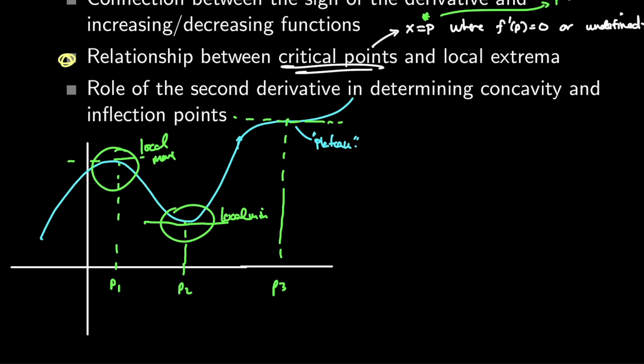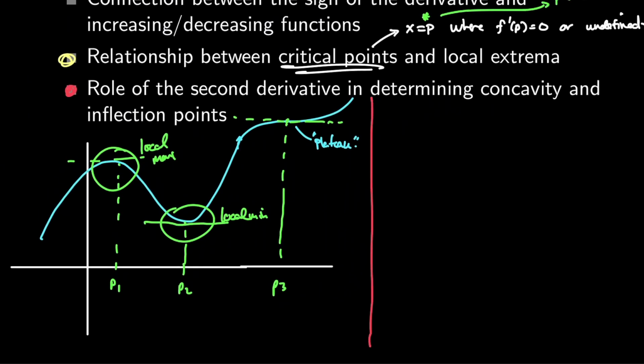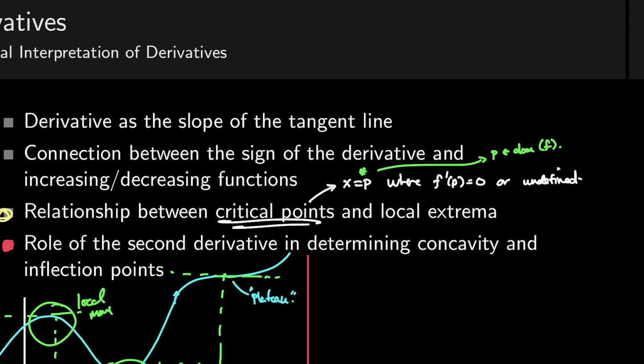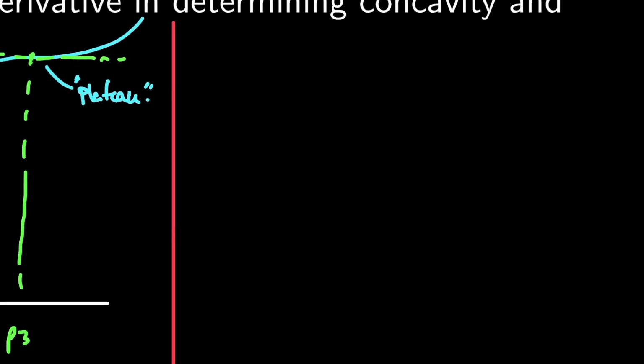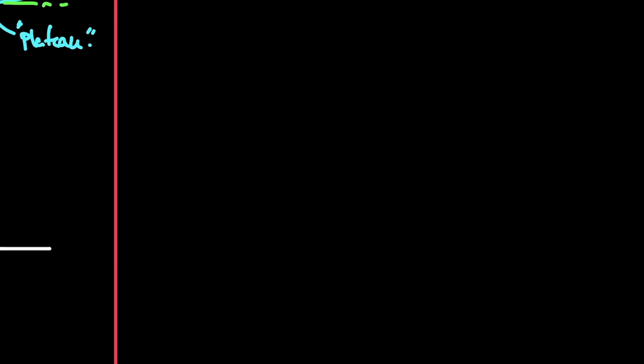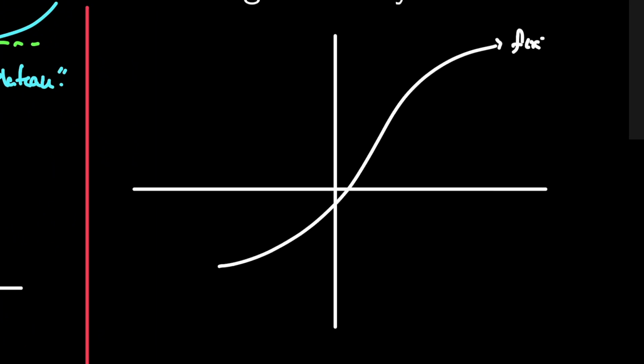All right, and then lastly here, what is the role of the second derivative in determining concavity and inflection points? Okay, again, from a graphical perspective. So if we look at, let's say, a function doing something like this, and we're at a point A. Actually, let me get a better example here.